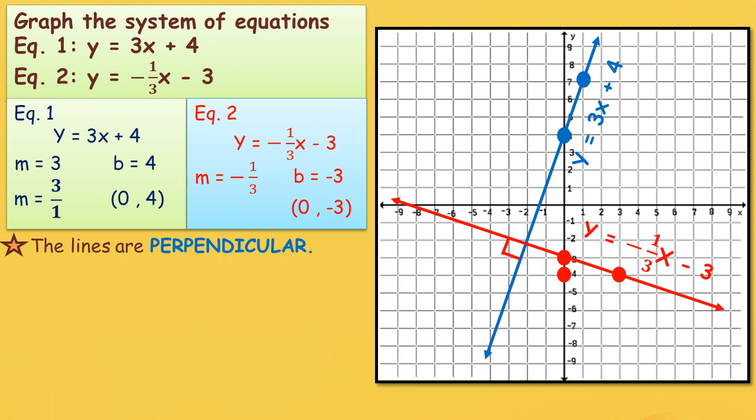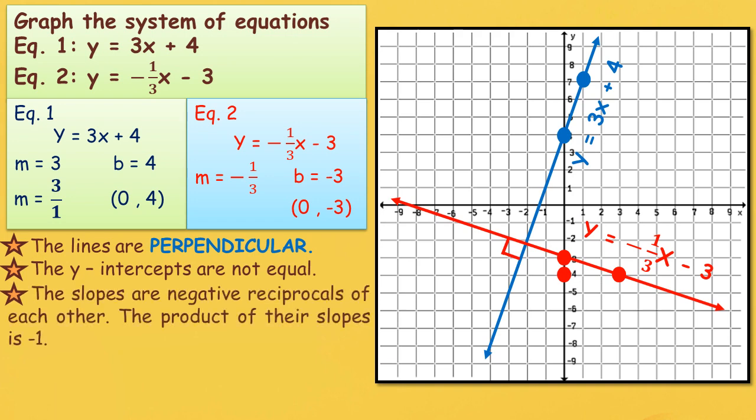So the first one, the lines are perpendicular because that small square na symbol na nakikita natin dito sa graph, ayan ay palatandaan na ang lines ay perpendicular. Next, the y-intercepts are not equal. Yes, obviously, they are not equal because in the first equation, ang y-intercept natin is 4 at sa second equation, ang y-intercept natin is negative 3.